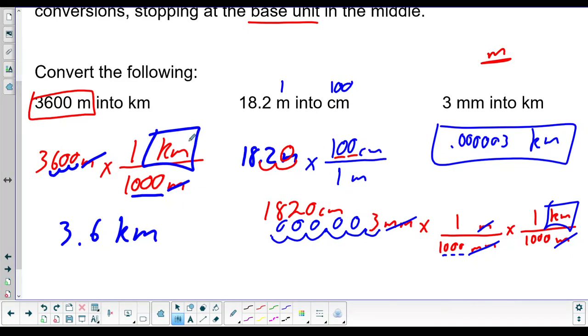What's nice about metric is everything is a power of 10. So it's either 10, 100, 1,000, 10,000, 1 million, something like that. All you're doing for metric conversions is moving the decimal either left or right, and you just count how many spaces you're moving. So it should be pretty straightforward.